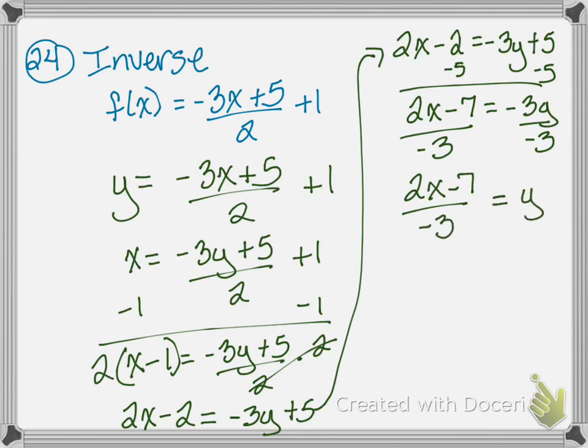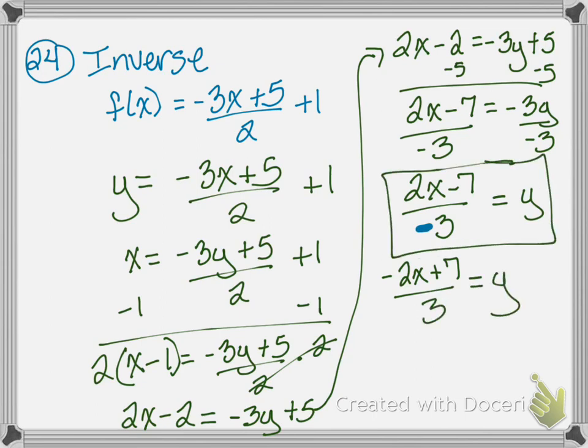Now, it's possible that you may have moved that negative to the numerator. I probably wouldn't. I would leave it just like this, but it's possible that you would have taken this negative right here and just distributed it to the numerator. And so you might have negative 2x plus 7 over 3 equals y. I tend to leave it like this, okay?